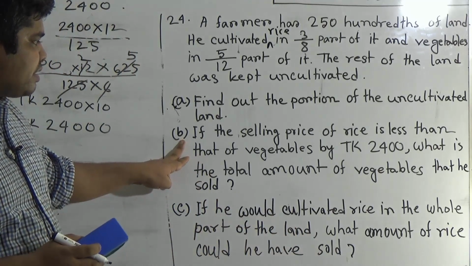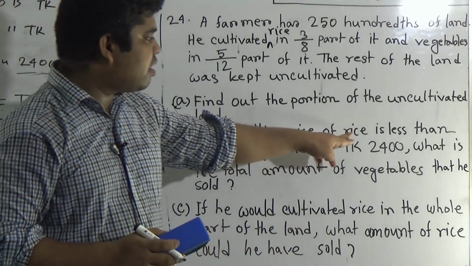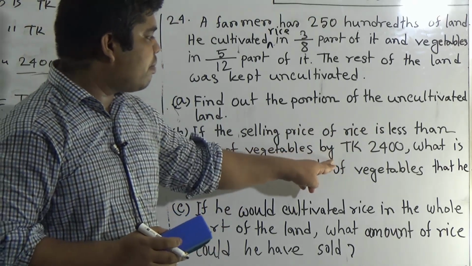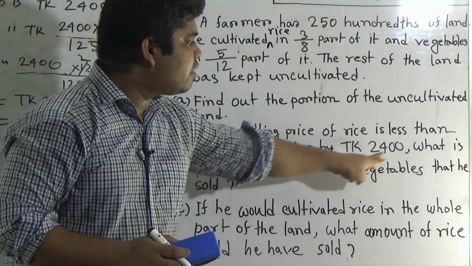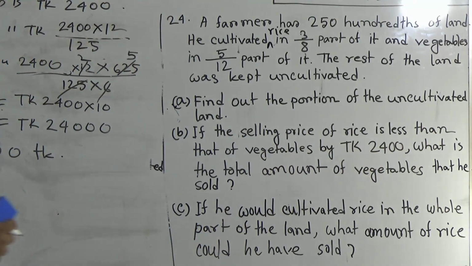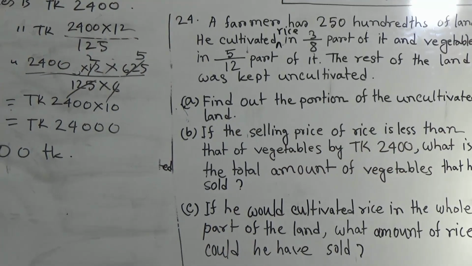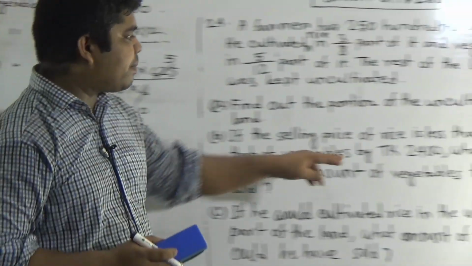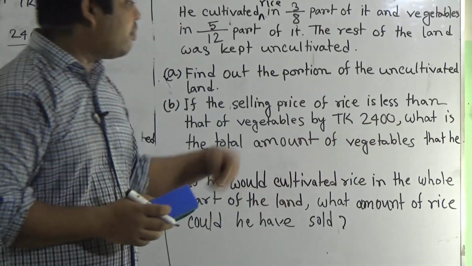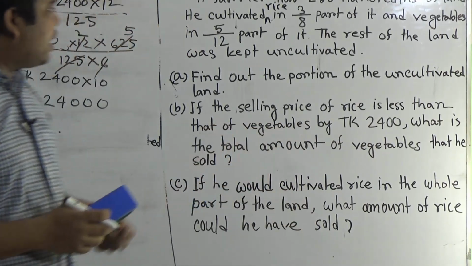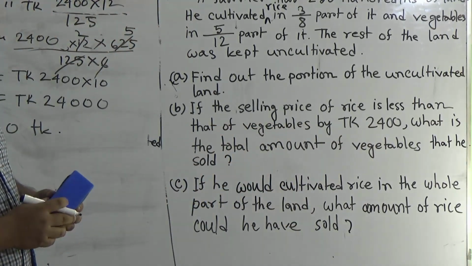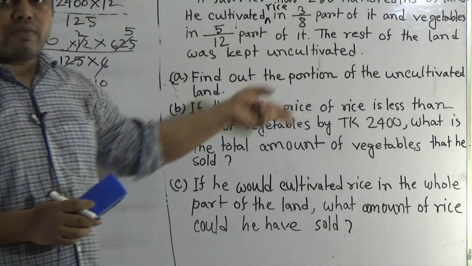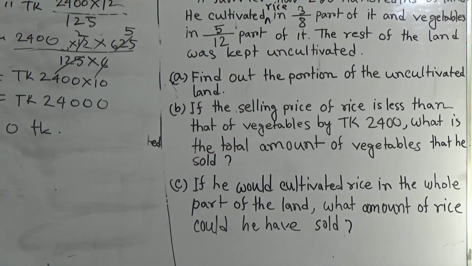From B you notice the selling price of rice is less than that of vegetables by taka 2400, and the total price of the vegetables is 24,000. So if we subtract this 2400 from 24,000, then we get the price of rice which is cultivated in 3/8 part of land.